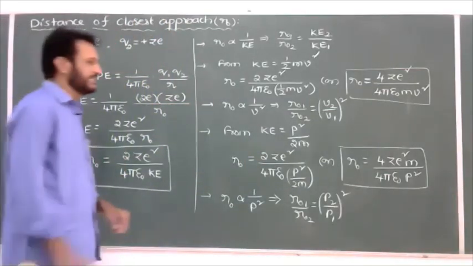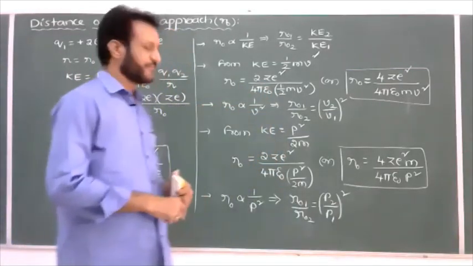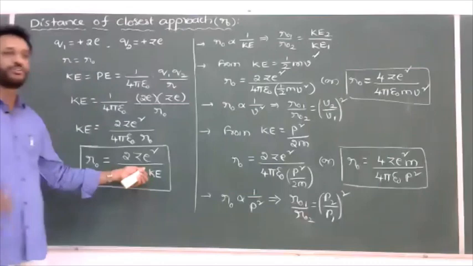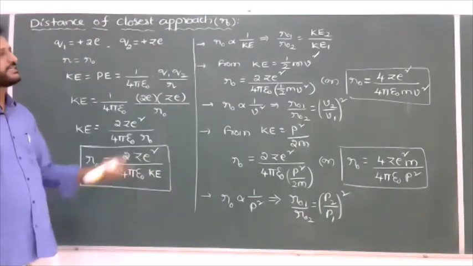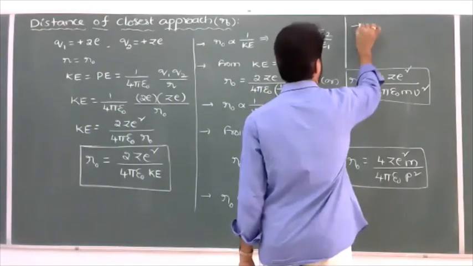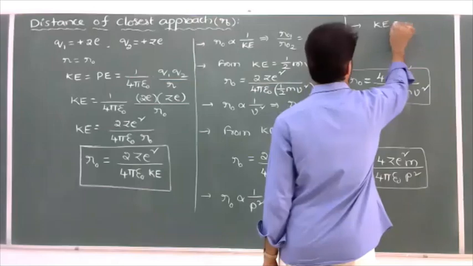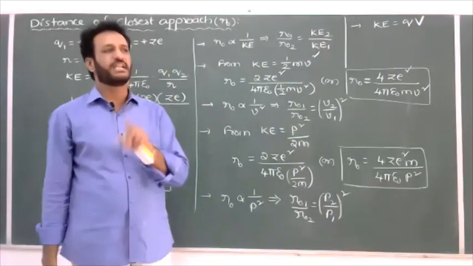Sometimes when an alpha particle is passing through a potential difference V, in place of the KE we can write QV also, charge into potential difference. Or any charged particle moving through a potential difference V, then kinetic energy is equal to Q into V, where V is not speed but potential difference.